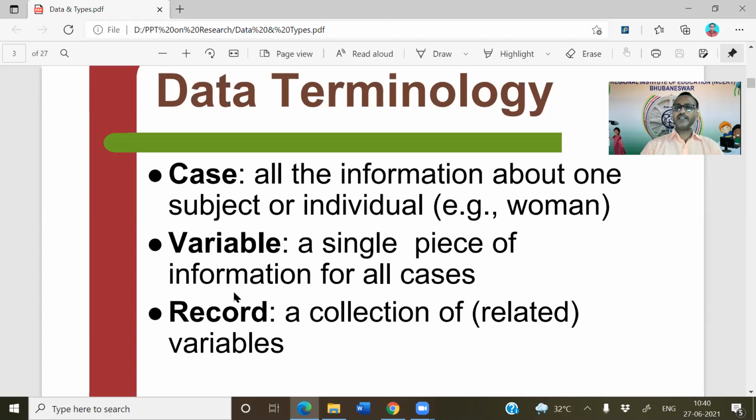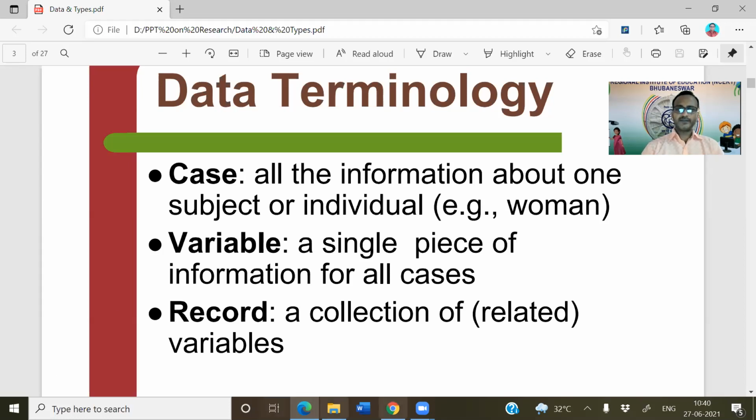The first one is the case. And this is especially useful when you want to analyze your data by using computer software like Excel or SPSS or CSTAT. These are the computer software that you can use to analyze your quantitative data. So you have to use the terms, and therefore you should get acquainted with what it is.